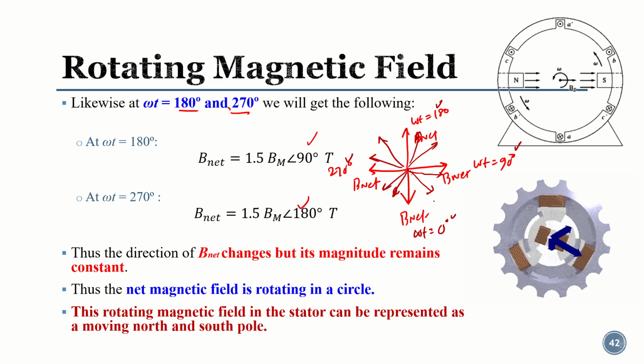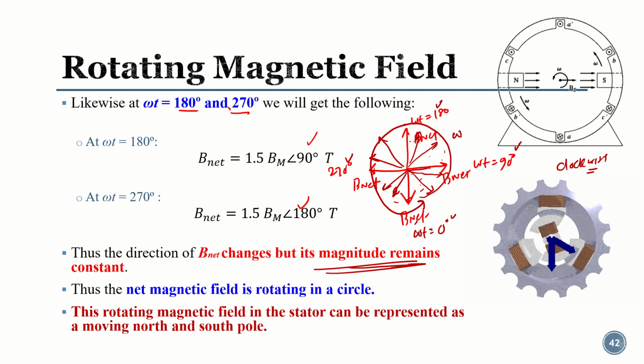So what is actually happening? Your net magnetic field is rotating with an angular velocity of omega in the clockwise direction. If you notice, its magnitude is the same, constant. The magnitude remains constant, but its phase is changing with the different instances.